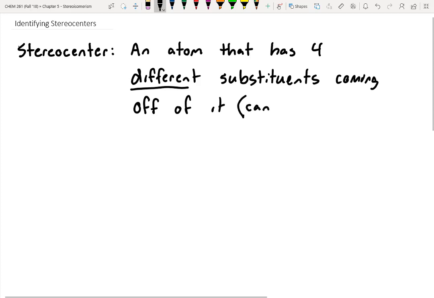And one of those substituents can be a lone pair. And I'm going to put an asterisk here because there are always exceptions in chemistry, as you've probably learned. Nitrogen lone pairs don't count.